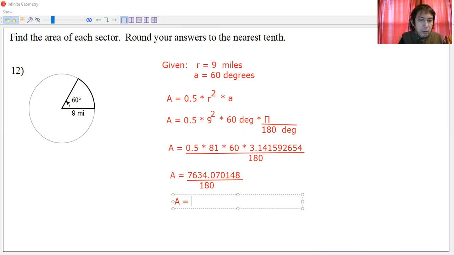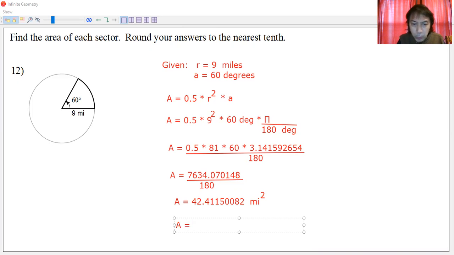The quotient divided by 180, we have something like 42.41150082, and the unit will be square miles. This will be square miles. All right, rounded to the nearest tenth, this will just be 42.4. This will still be square miles.